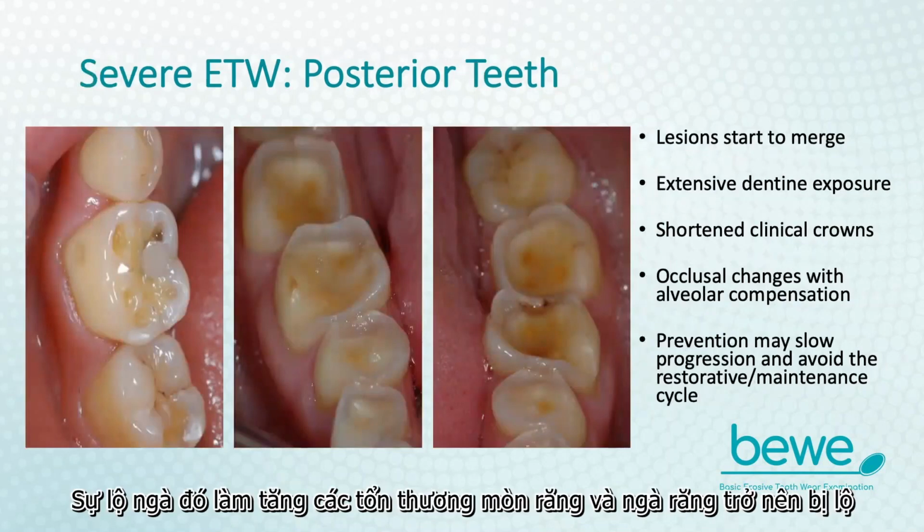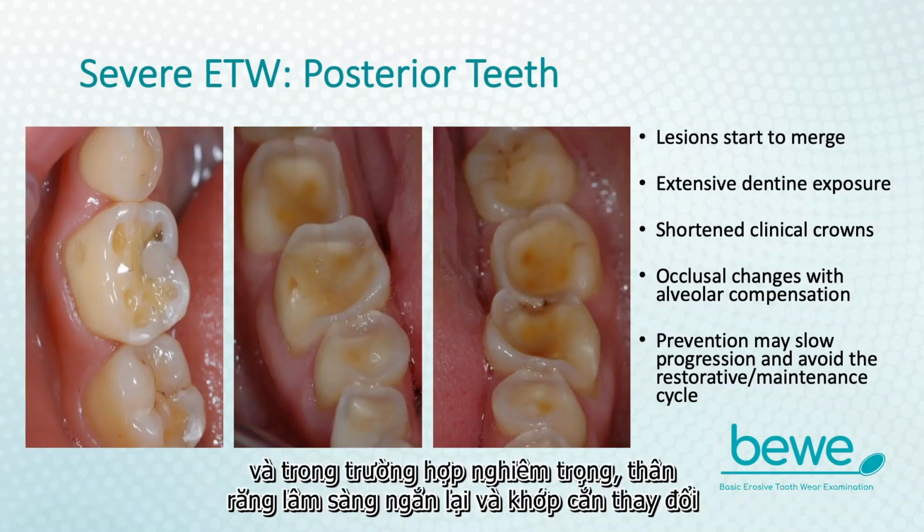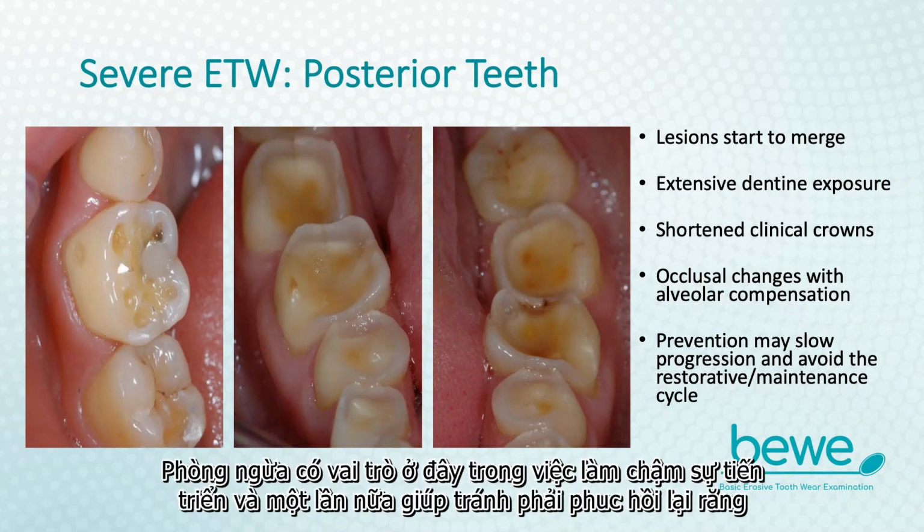As exposure increases, the wear lesions merge and the dentine becomes exposed, and in severe cases, the clinical crowns shorten and the occlusion changes. Prevention has a role to play here in slowing progression and again helping to avoid the restorative maintenance cycle.